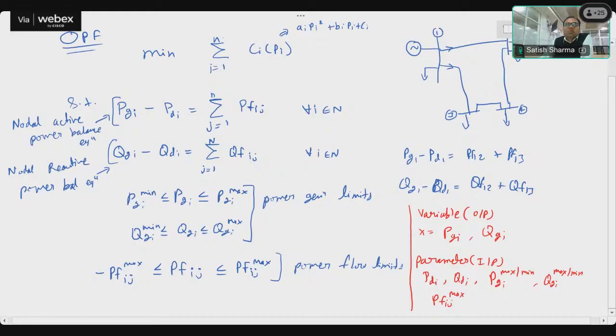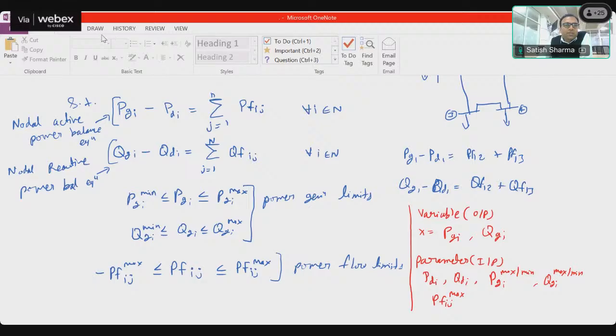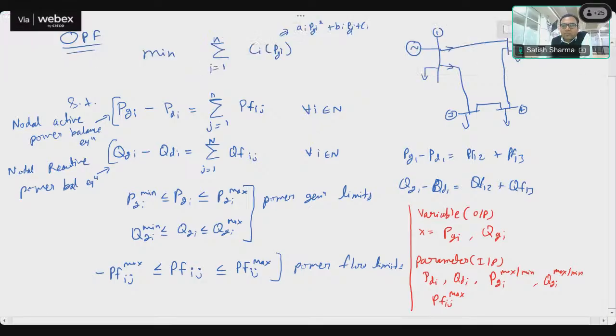So these cost coefficients, ai, bi and ci, will also be your parameters, the input parameters. Apart from that, do you think something is missing? Maybe I must have forgotten some value.